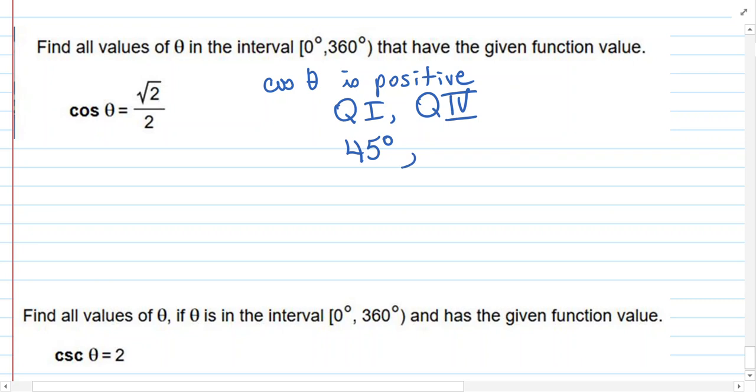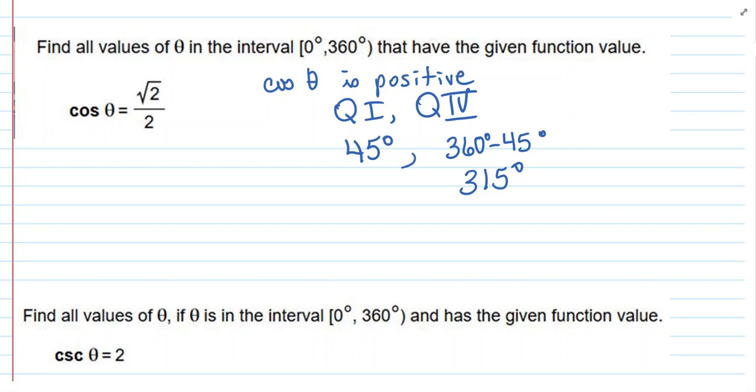In quadrant 4, it is 360 degrees minus the 45 degrees. And that would give us 315 degrees, if I did the math right. So our solution set would be 45 degrees and 315 degrees.